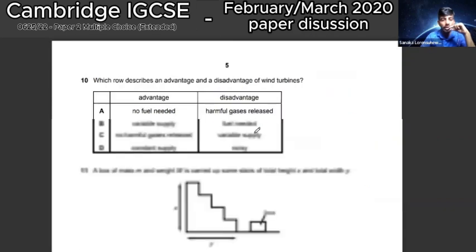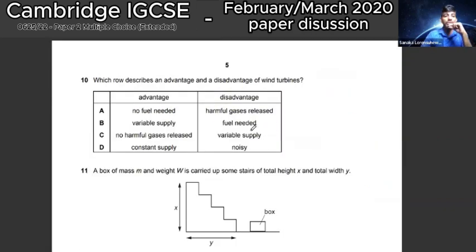Then we move to the last question. Which row describes an advantage and disadvantage of a wind turbine? Let's read one by one. This column is advantage, and the next column is disadvantage. A: advantage, no fuel needed; disadvantage, harmful gases released.